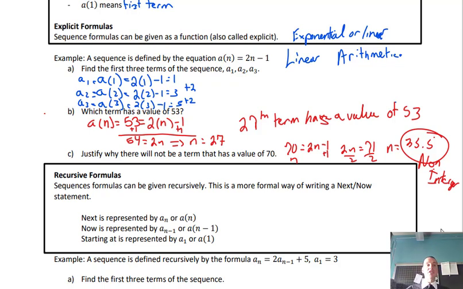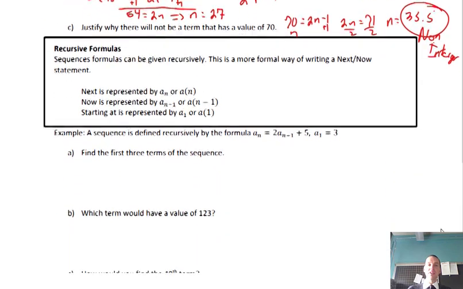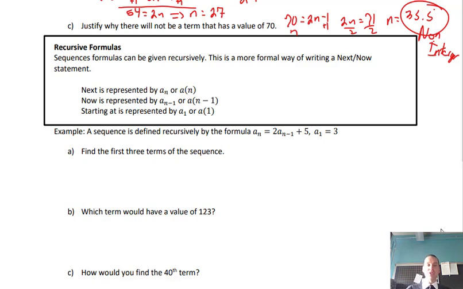So explicit formulas are nice, very straightforward. Recursive is a way to think of it with a next equals now statement. So you need to think back to algebra. And you did this in algebra 2 years ago. So next, now.